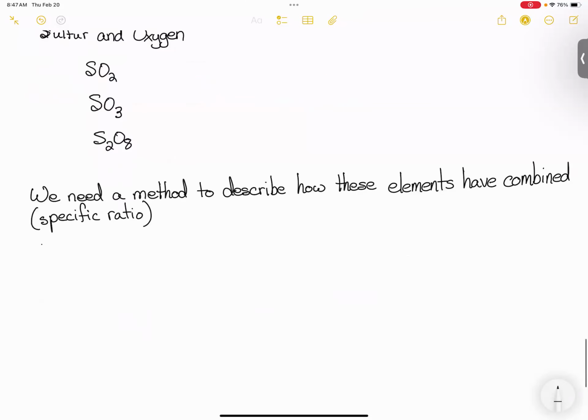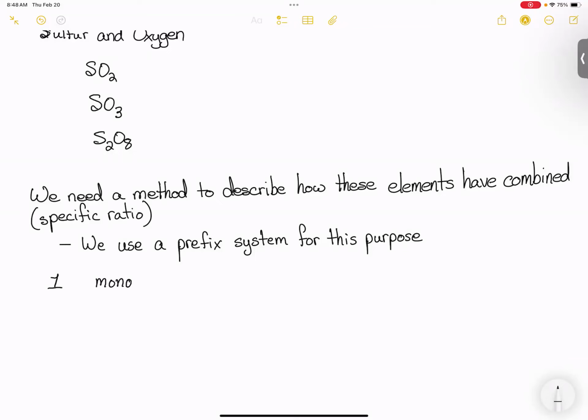To do so, we use a prefix system for this purpose. If there is only one, we use the prefix mono. Now, there is a note about mono, and that is it's only used on the second element.